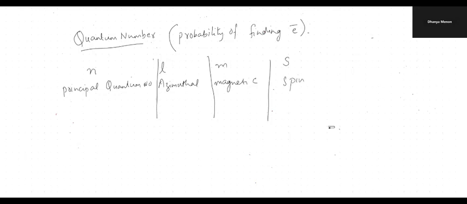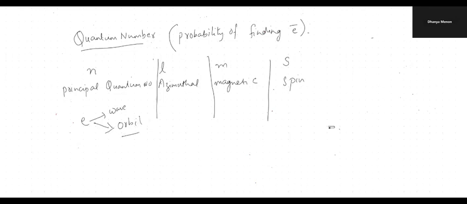Okay, so electrons are considered as waves, and electrons are found in orbitals. Now, what is this orbital? This is a very important term.